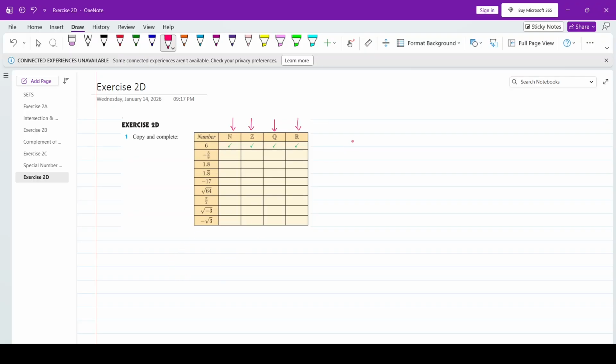So natural numbers are 0, 1, 2, 3. Integers are -3, -2, -1, 0, 1, 2, 3 and so on.